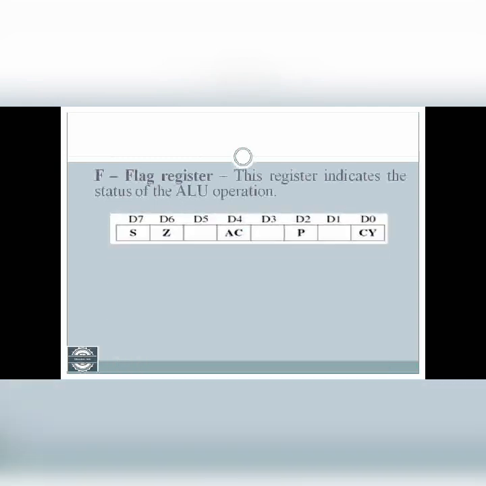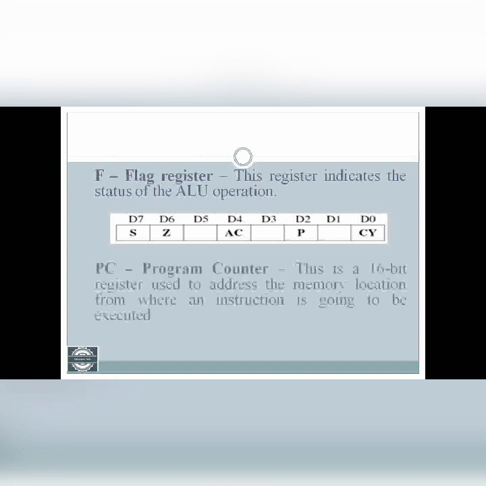Now the ALU is that one, and the accumulator is that one, where the 8-bit data bus is given. After that we have to know the flag register. The flag register's design is already given. This register indicates the status of ALU operations. The flags are S, Z, AC, P and CY.